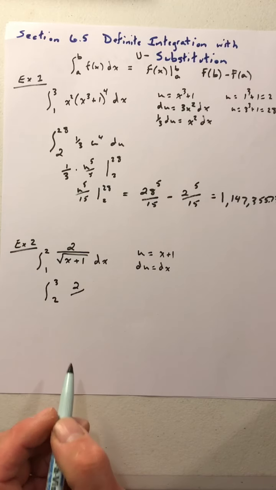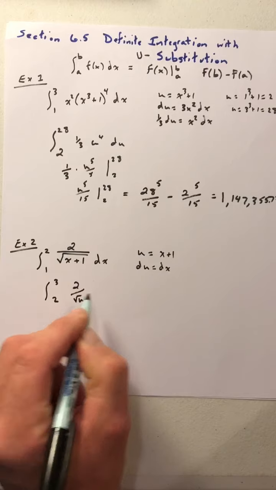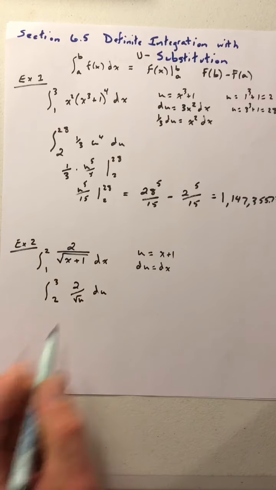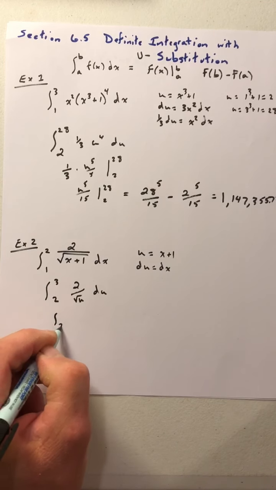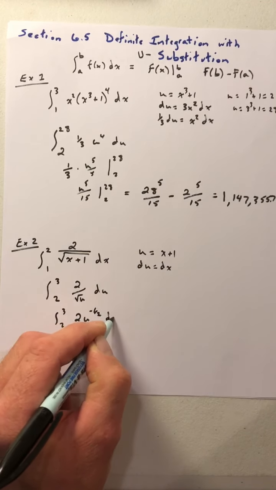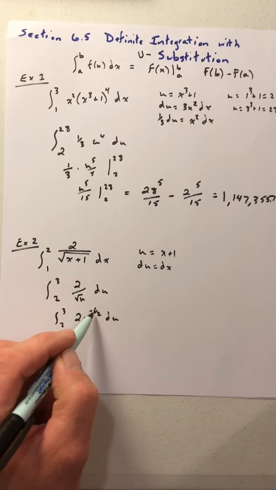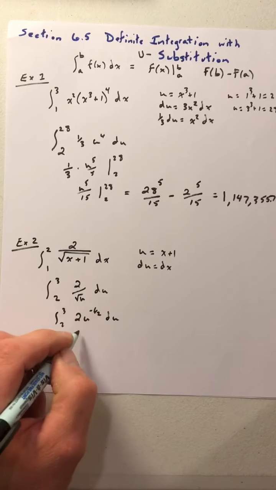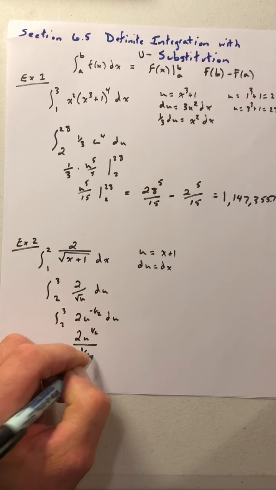So my integrand becomes 2 over the square root of u du. I'm going to bring this u square root up. So I'm integrating from 2 to 3 of 2u to the negative 1/2 du. Going ahead and integrating, I can increase my exponent by 1. So 2u to the 1/2 divided by 1/2.